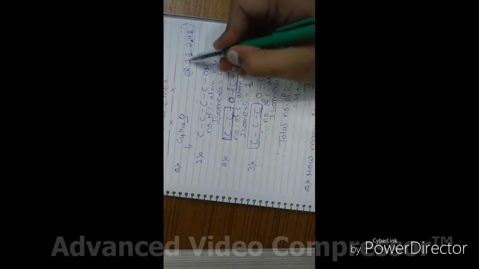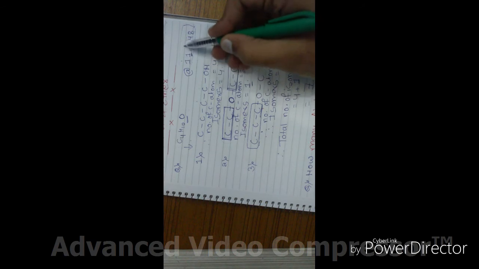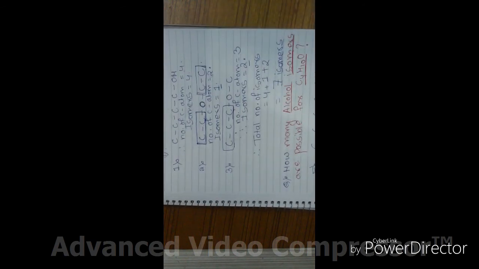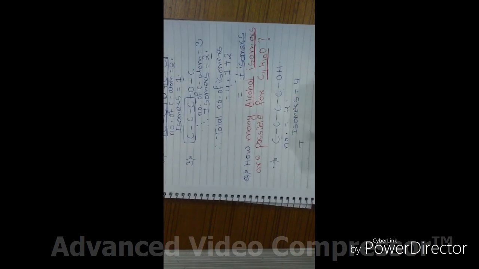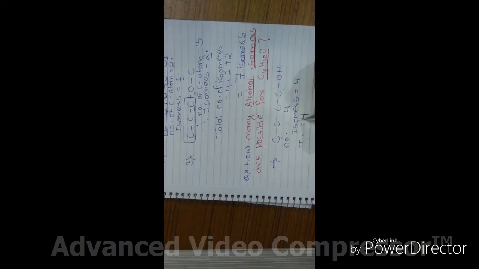So for 4 carbon atoms, 1 2 3 4 carbon atoms, 4 isomers are present. So total number of alcoholic isomers equal 4. So you can calculate it very easily. Hope you understand this question. So now let's start another question.